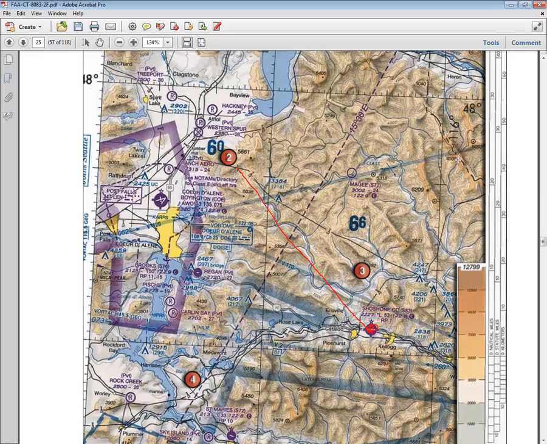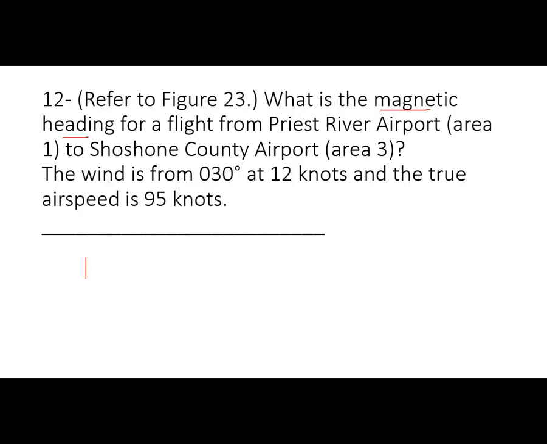If you measure that direction from Priest River to Shoshone County with your plotter, it looks like the direction is about 143 degrees. That's our true course. So we have a true course of 143.